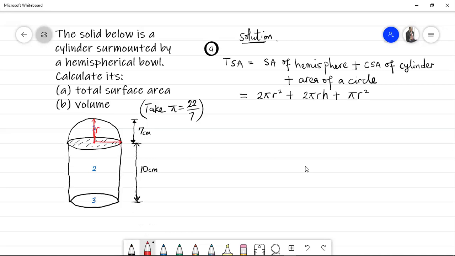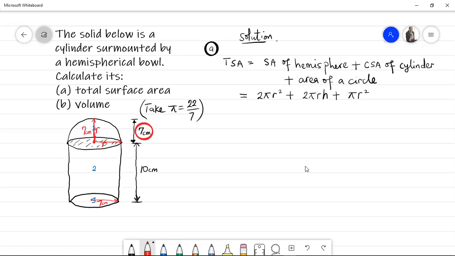So from that same center to this point here is also the radius of the hemisphere. So that means that we've been given this 7 centimeters here, which then means that this is 7 centimeters over here as the radius of the hemisphere. Likewise, the radius of the cylinder would therefore also be 7 centimeters as well. So please take note of that, guys.